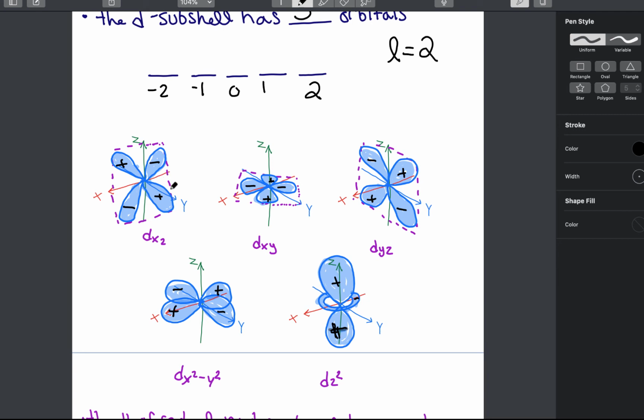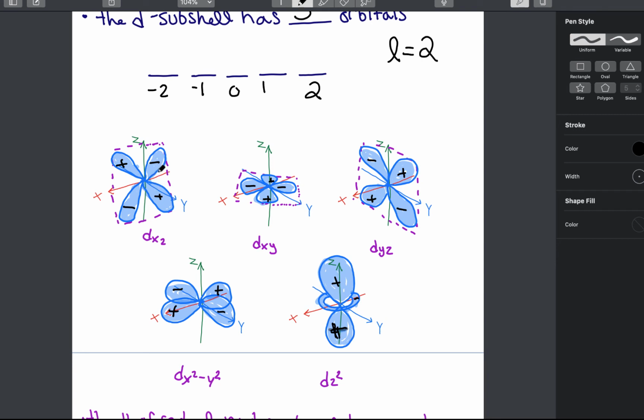So therefore, the dxz orbital lies on the xz plane. This plane is like this paper that I drew for you, this purple box. As you can see here, the dxz orbital lies on the xz plane.